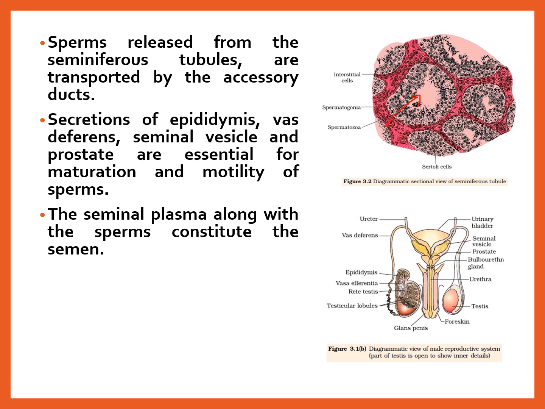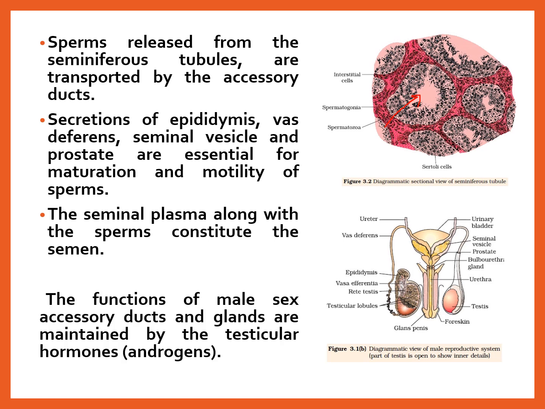The seminal plasma, along with the sperms, constitute the semen. Now we have already seen the function of the male sex accessory ducts and glands are maintained by the testicular hormone, which is the androgen.